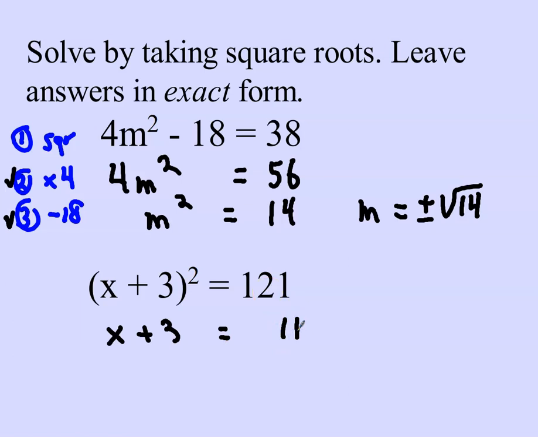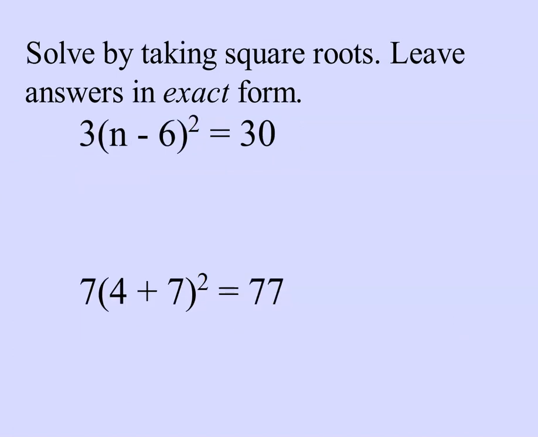Don't forget, though, there's both positive and negative 11 that work. Okay. Now, how do we undo adding 3? Well, we subtract 3. So you can write positive and negative 11 minus 3. And that'll be easy enough to calculate. Positive 11 minus 3 is 8. Negative 11 minus 3 is negative 14. So you can write your two answers that way. Okay. Let's look at another one.